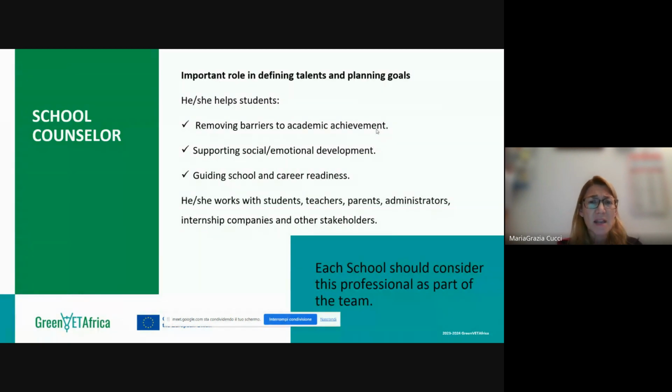In this way, the school counselor can be a guide inside the school, giving the students, and also all the teachers present at school, information which is useful for the development of that specific student, but also for the development of the whole class.